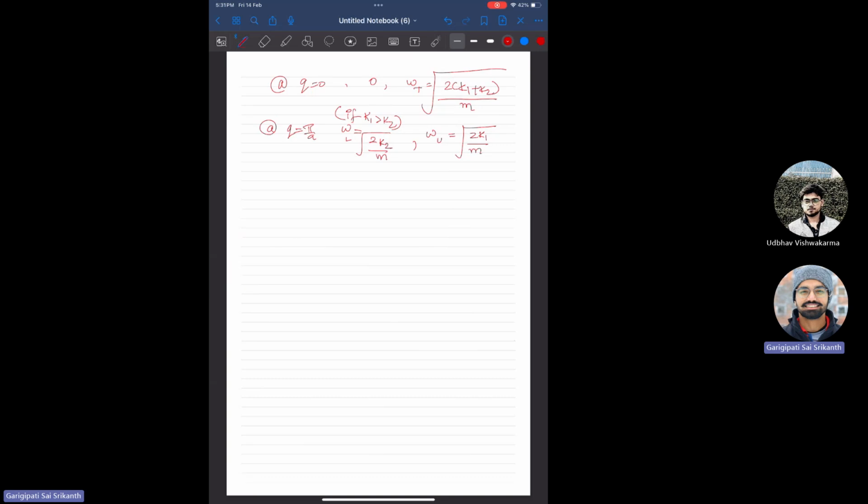We'll observe this band touching. We'll code it and see. Actually, we'll code all the equations that we have derived and sort of verify them.